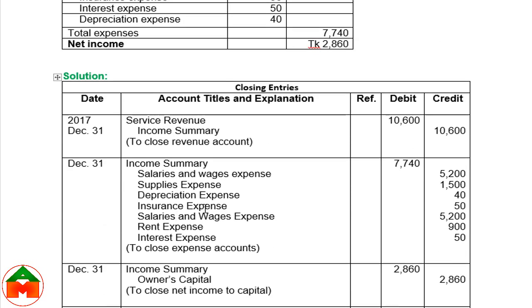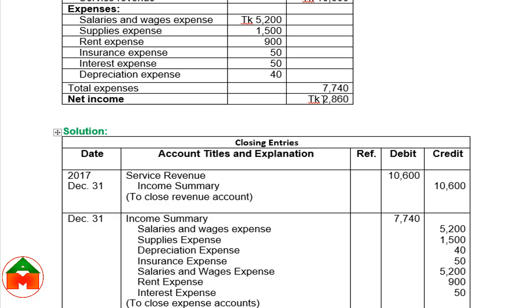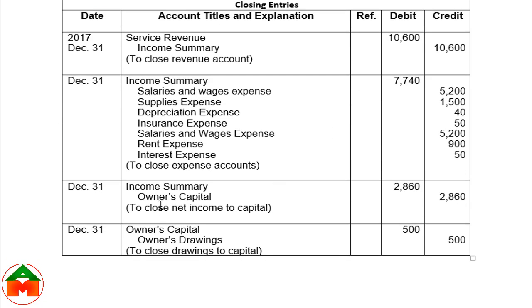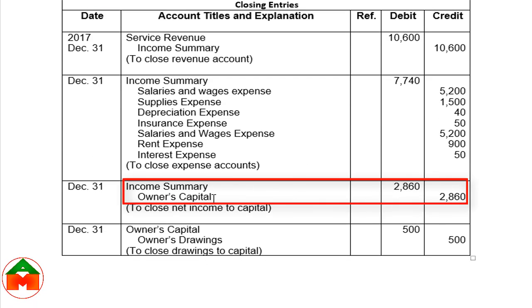Okay, now we will close this net income. Here we can see the amount of net income is 2,860. We will close this net income with the owner's capital account. So income summary will be debit 2,860, and owner's capital account will be credit 2,860.